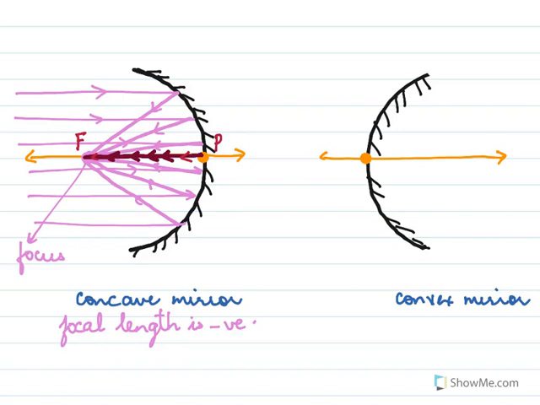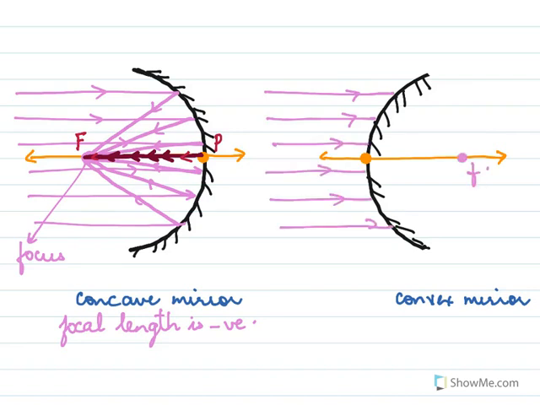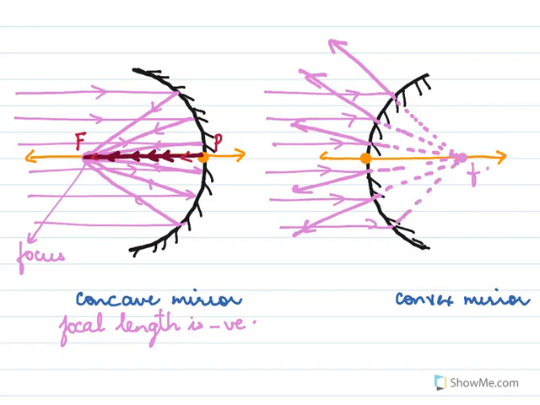But when we come to convex, here again rays that are parallel to the principal axis, after reflection they appear to come from a point which is called the focus. So they appear to come from this point. So we see the focus for convex is behind the mirror, and to measure the focus we have to start from the pole and go to the right.